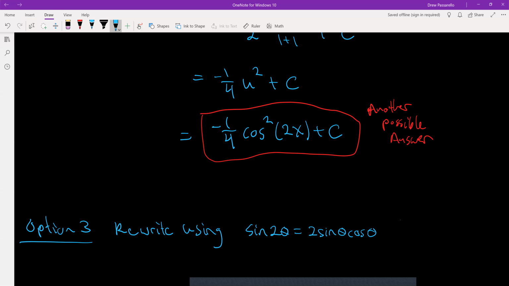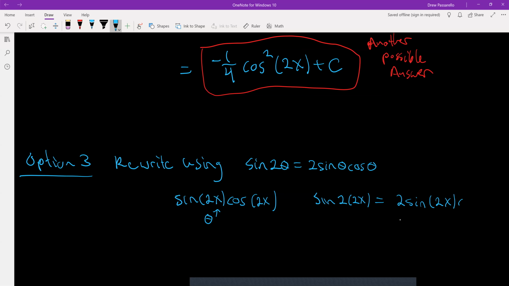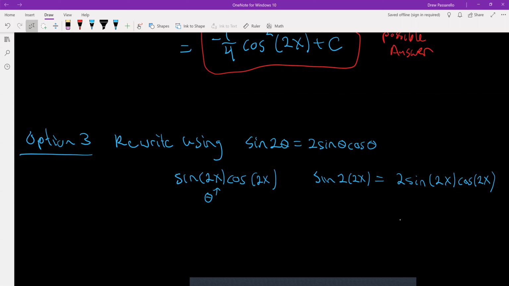Okay, so we established earlier when we used the double angle identity, the problem had sine of 2x cosine of 2x, and I said to let theta go in the spot for 2x. So then sine of 2 times 2x is equal to 2 sine of 2x cosine of 2x, and I just said that was sine of 4x.